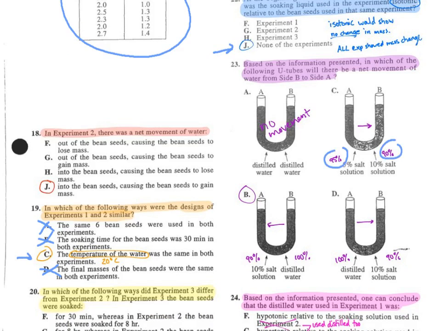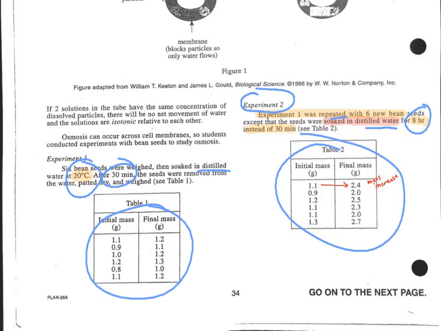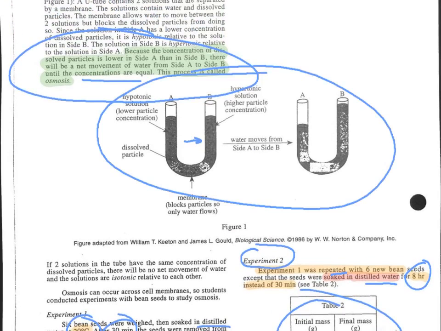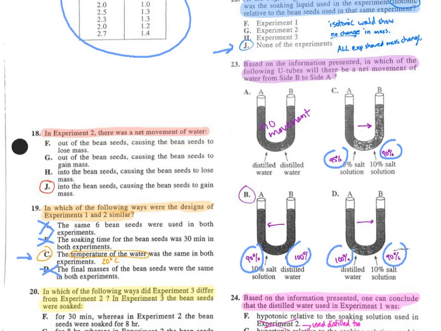You can see my numbers here. Water is going to be moving from high concentrations to low concentrations, or from hypotonic to hypertonic environments like it shows in the figure on the front. So I need to find where water would move from B to A.